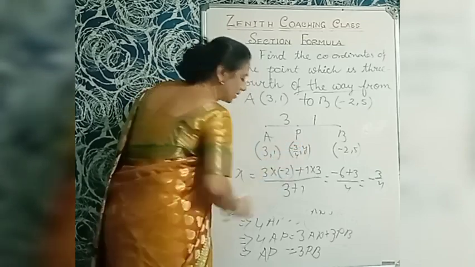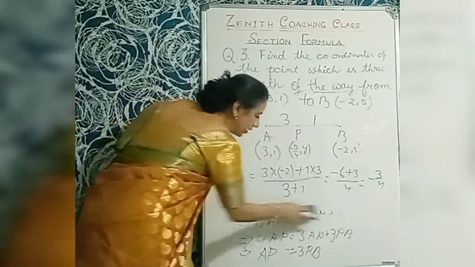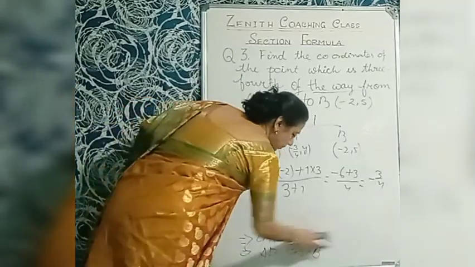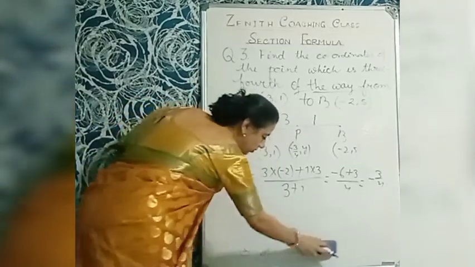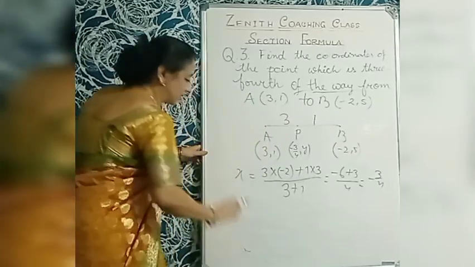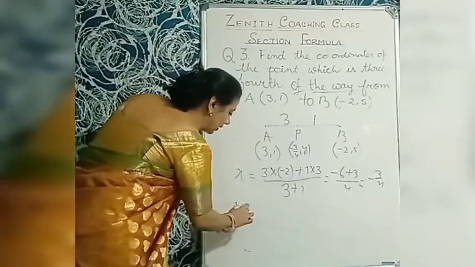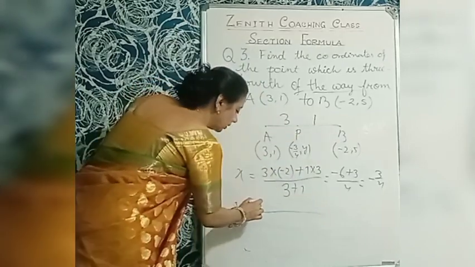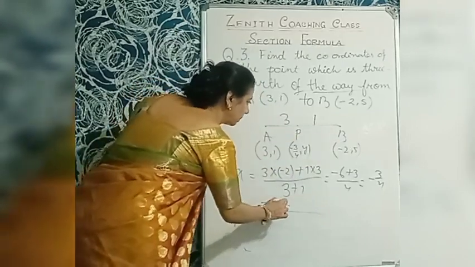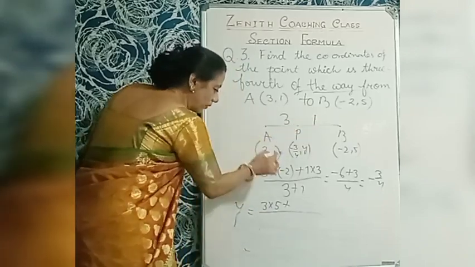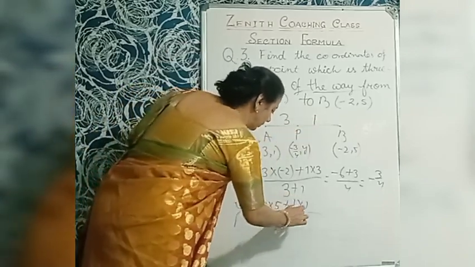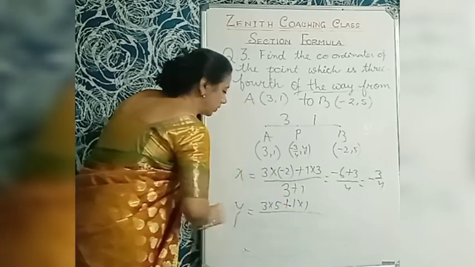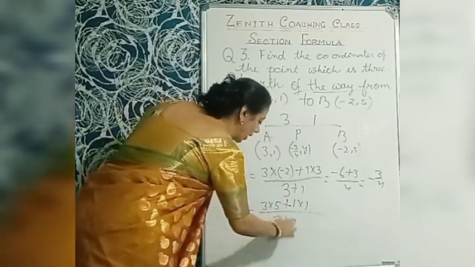Okay. Now in terms of y. So to find y, what we have to do? Just put y1 and y2 in the same way as x1. So y equals m1 into y2, so 3 into 5, plus m2 into y1, that is 1 multiplied by 1, by 3 plus 1.